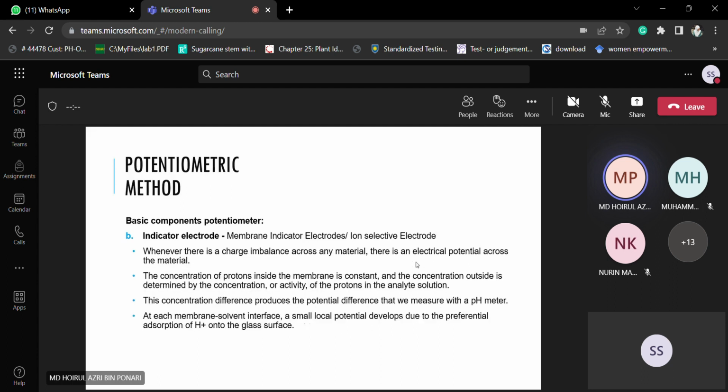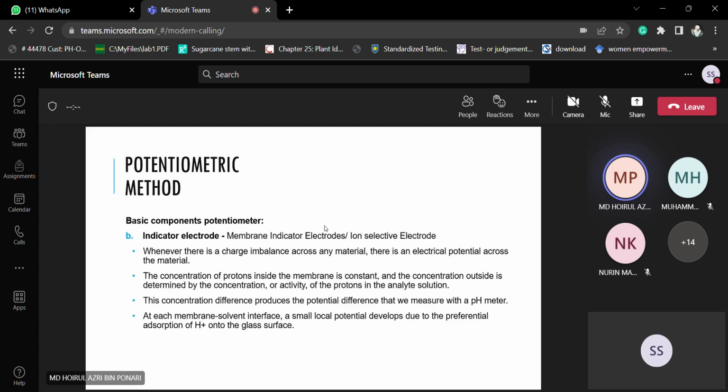Whenever there is a charge imbalance across any material, there will be electrical potential across the material. So this is in redox solutions. The concentration of protons inside the membrane is constant, and the concentration outside is determined by the concentration or activity of the protons in the analyte solution.